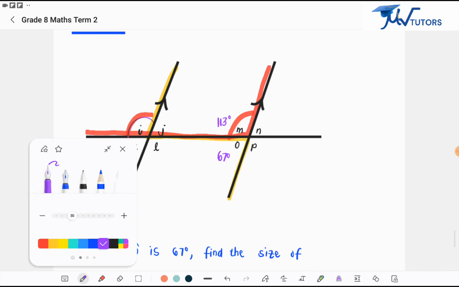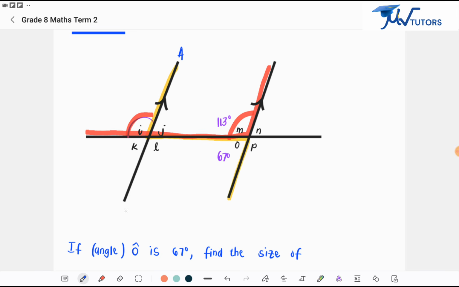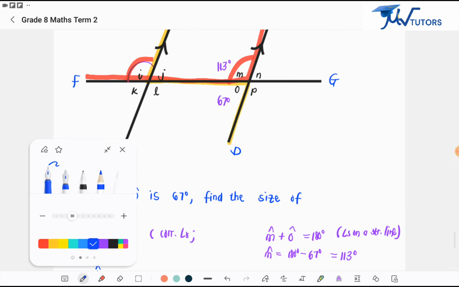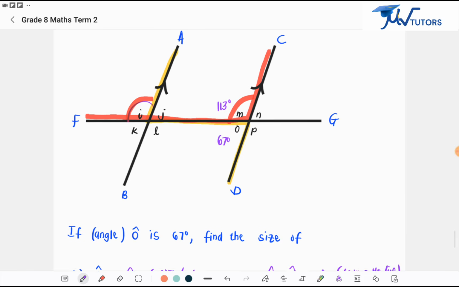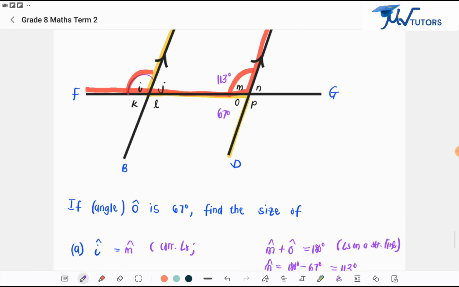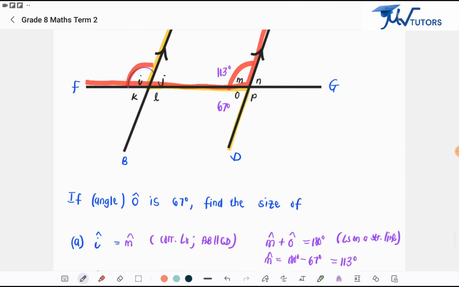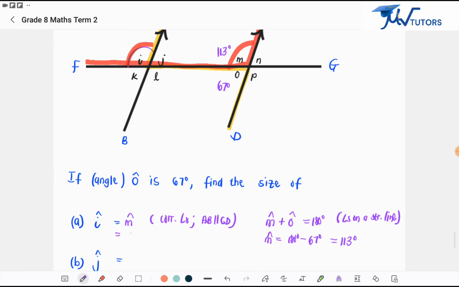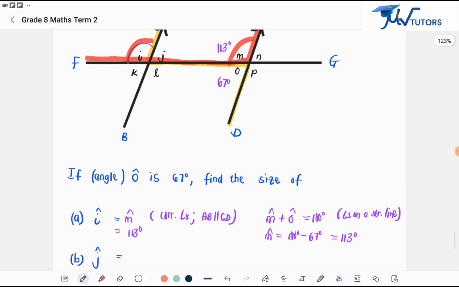I didn't give them labels, so let me just say this is line A, B, C, D. This is me doing extra. They didn't ask for reasons, but I want you to get into a habit of supplying reasons, okay? So we have corresponding angles, and AB is parallel to CD. So ultimately I is going to be equal to 113 degrees.